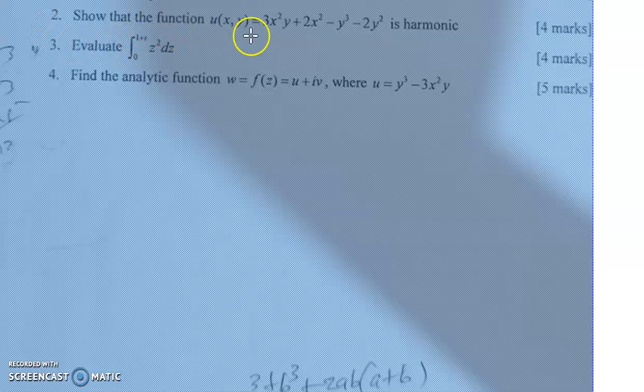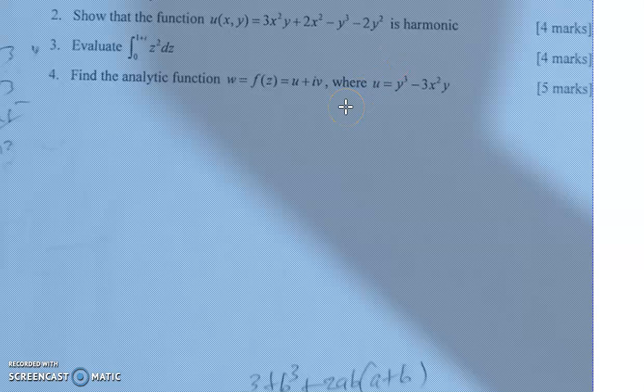You have to show that this function, which is given in two variables x and y, equals 3x squared y plus 2x squared minus y cubed minus 2y squared, is harmonic.